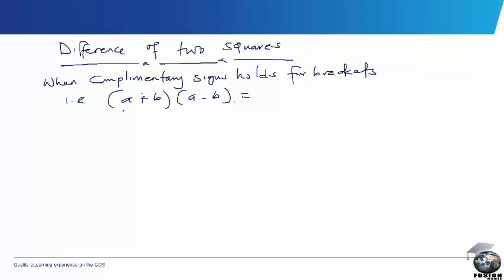And so a takes on a and it gives you a squared, and then a takes on minus b and it gives you minus ab. Remember this is plus a and this is minus b.